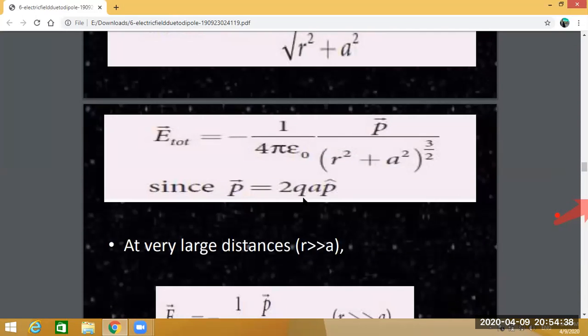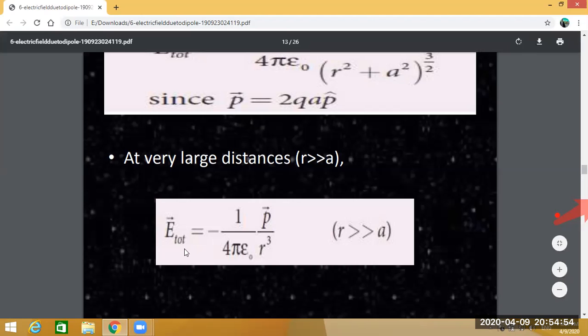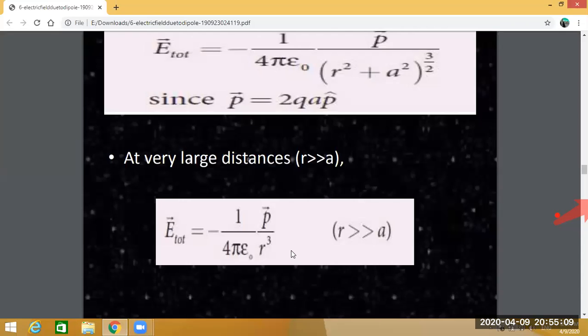Now we have the total electric field at very large distance. If r is much greater than a, then a can be neglected in comparison to r. So the total electric field at equatorial point C is kp upon r cube. Again the electric field is inversely proportional to the cube of distance.